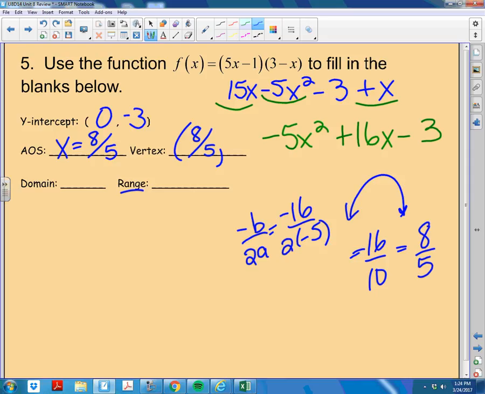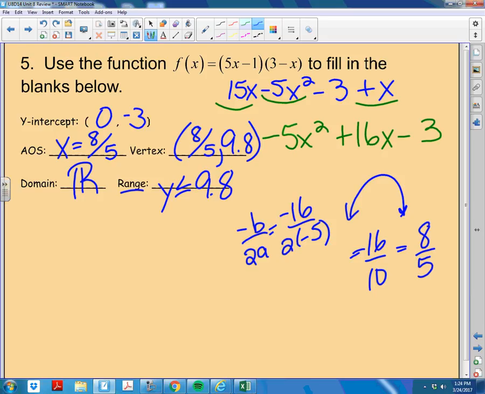Negative 5x squared plus 16x minus 3, second window, 8/5, second graph, arrow up 1 to make sure it's good to go. It is 9.8. That makes my domain all real numbers and my range all y values less than or equal to 9.8.